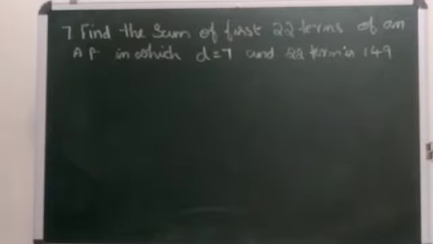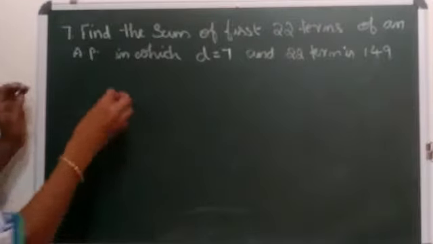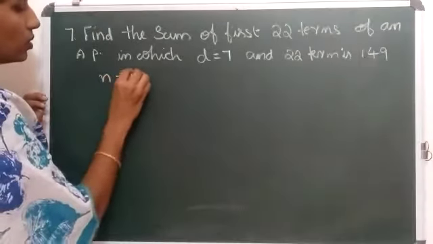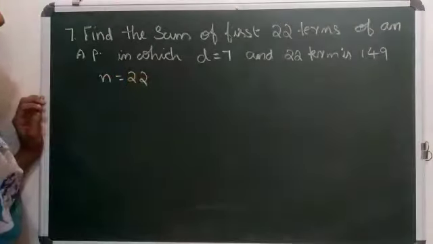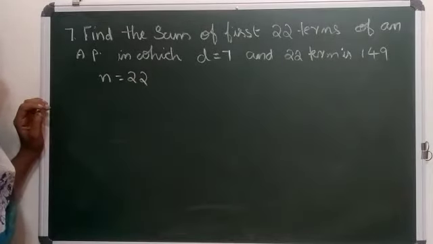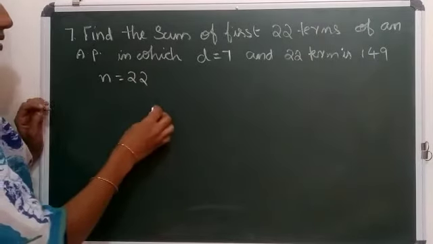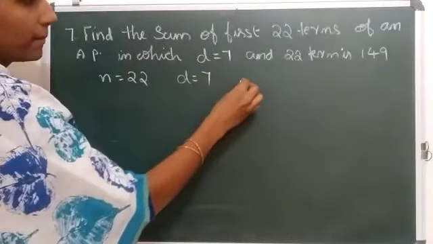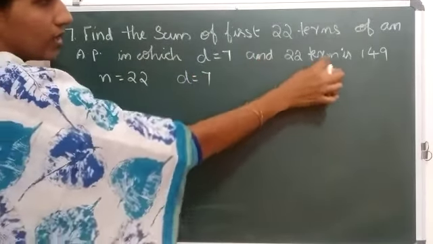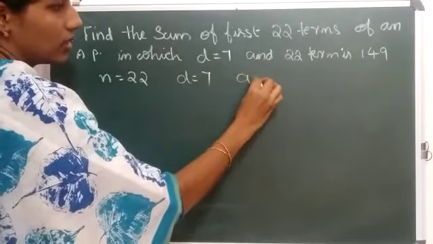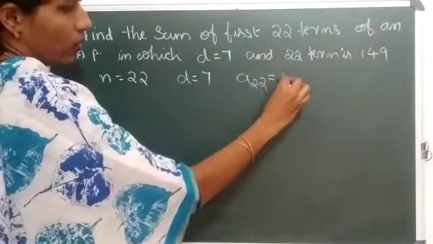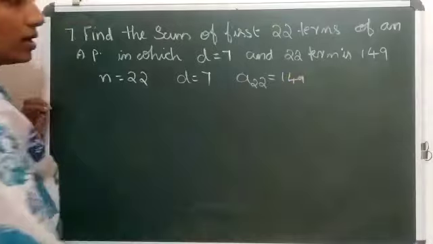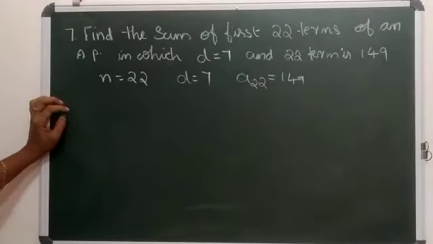What are the data given in this problem? n equal to 22 is given. The number of terms is 22, d is equal to 7, and the 22nd term is 149.